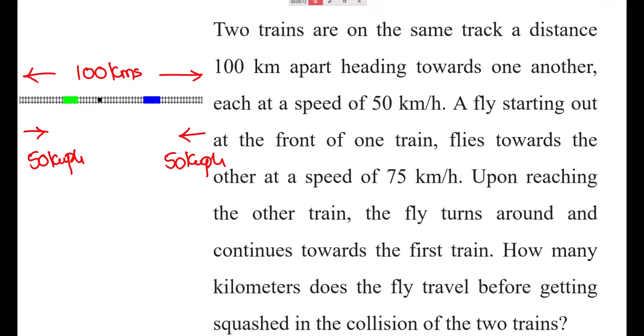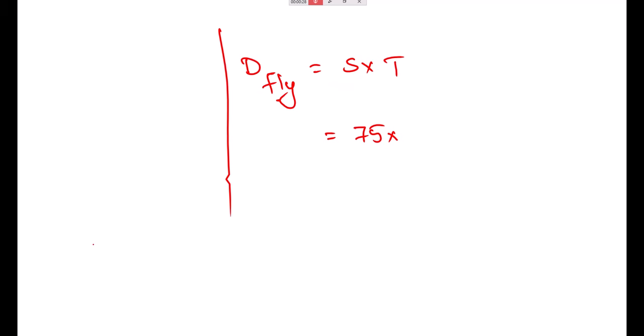It's very simple. They're asking the distance traveled by the fly. Distance is speed into time. The fly speed is 75. How much time has it traveled? It's very simple. It is the time taken by the trains to meet each other, because the fly starts when the trains start and stops when the trains collide.